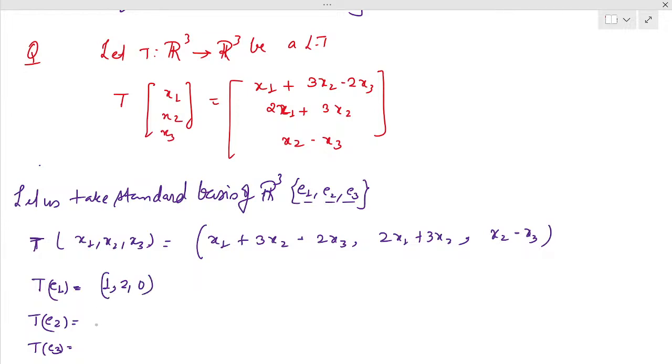T of e2, with input (0, 1, 0), is (3, 3, 1).